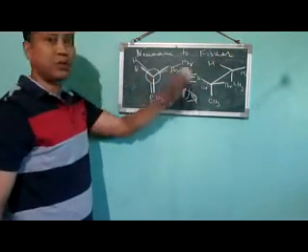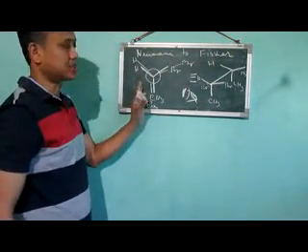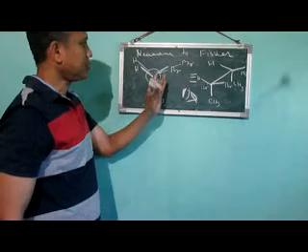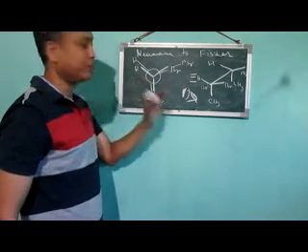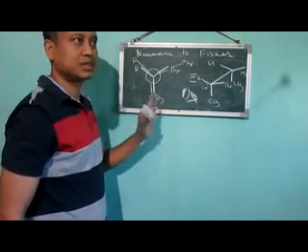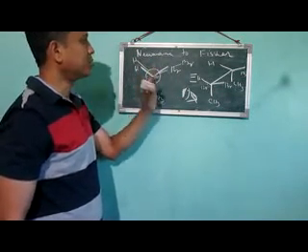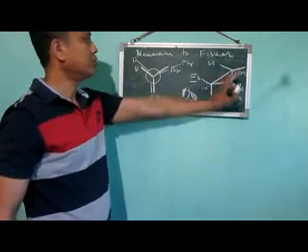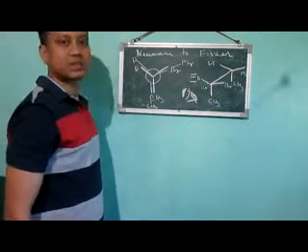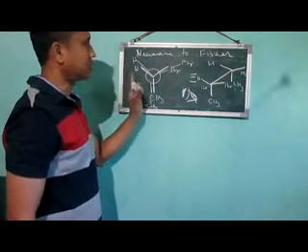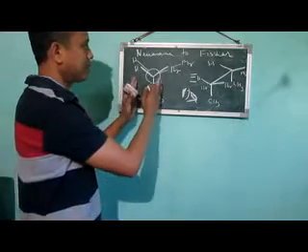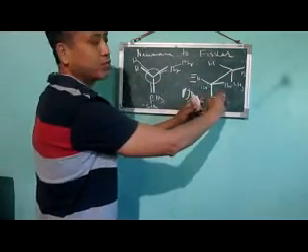So if the problem is like this, suppose you have been given this structure, 2,3-dibromobutane. In this 2,3-dibromobutane, you have to convert that structure into Fischer structure. So first you have to write down this structure in this form.